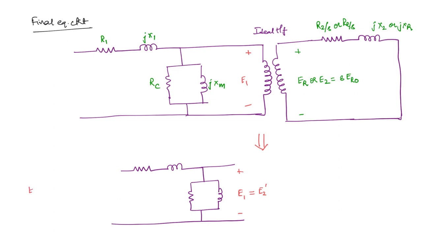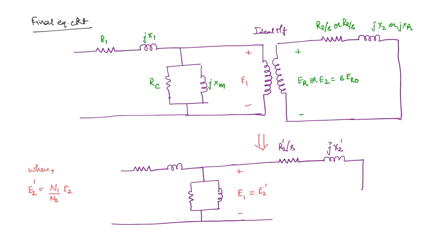So how do you refer a parameter? When E2 is given, how do we get E2 dash? This will be equal to N1 by N2 into E2. What are N1 and N2? N1 is the number of turns of the stator winding, N2 is the number of turns of the rotor winding. Just like a transformer, nothing different. And here R2 dash by S, and finally the inductance is jX2 dash.